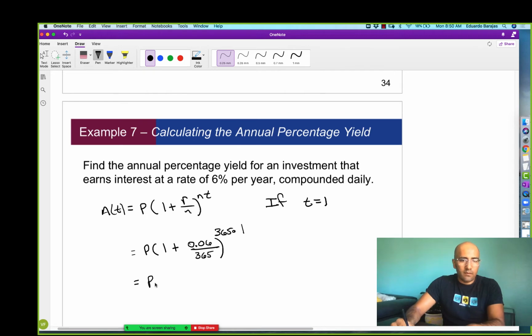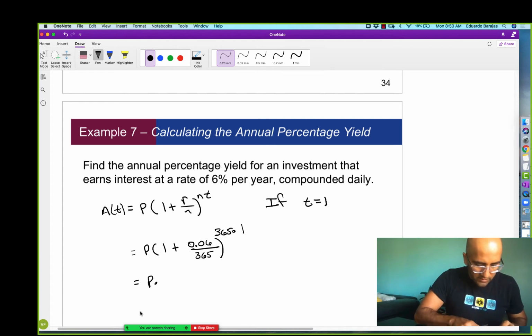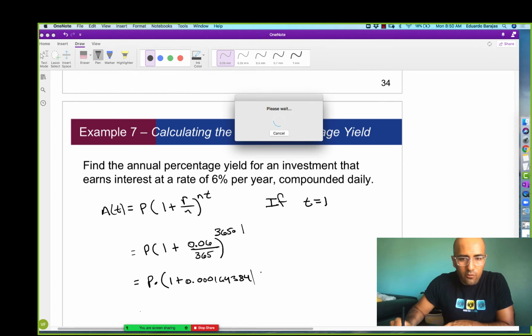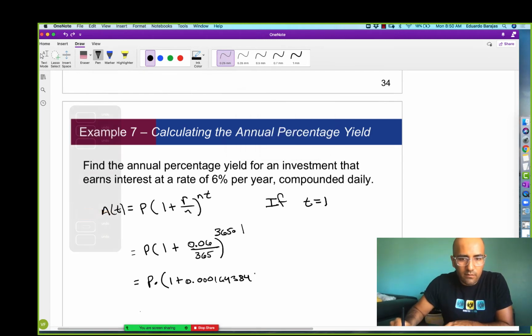So this is going to be p times whatever this is. 0.06 divided by 365 gives us this tiny little number, plus 1. So I'm getting 1 plus 0.000164 to the power of 365.